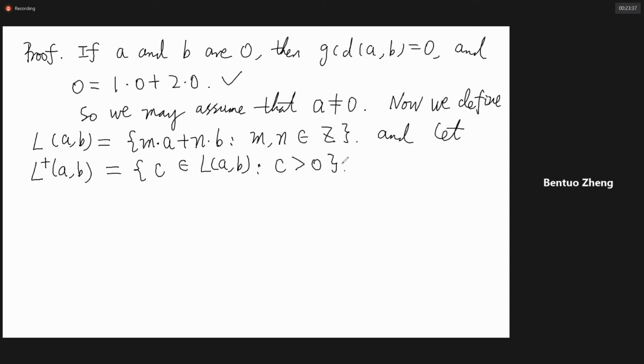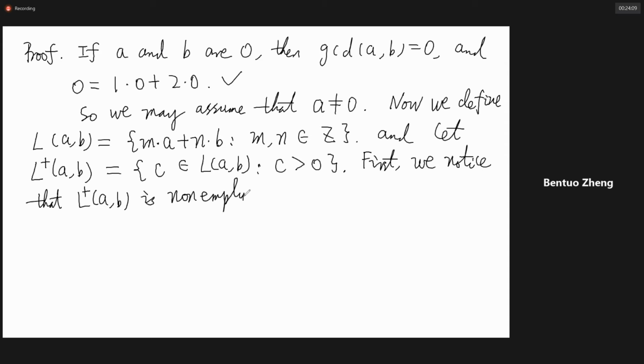The first thing we want to claim is that L plus is not empty. So first, we notice that L plus of AB is non-empty. Why?